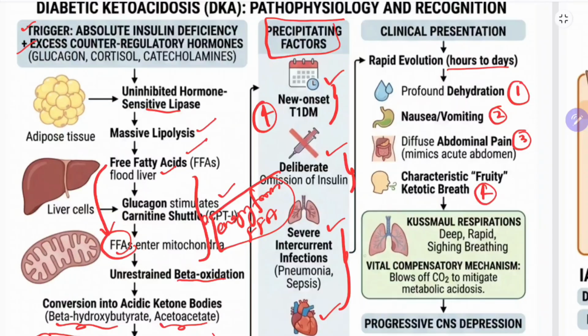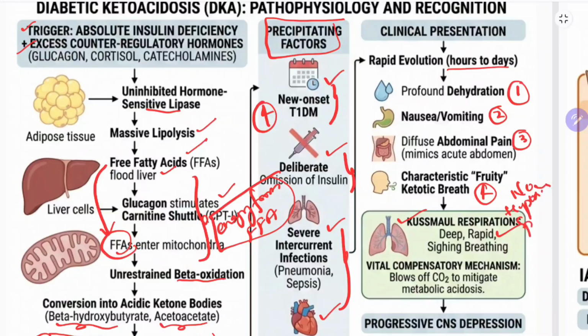Because of acidosis, there is compensatory increase in respiratory rate in order to eliminate the excessive carbon dioxide. So the patient will take a deep, rapid, sighing breathing, that is known as Kussmaul's respirations. Increased hyperventilation will be there. It is not hypoxia. Remember, there will be no hypoxia.